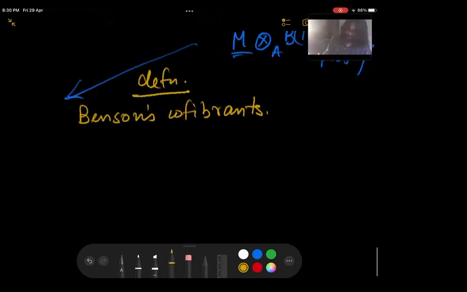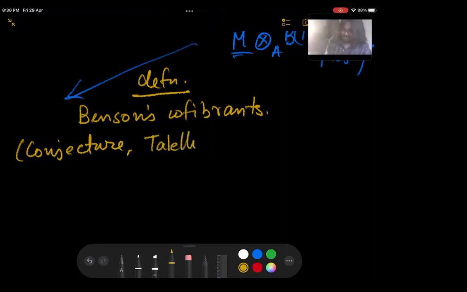And it is a conjecture still open. This conjecture is due to Olympia Talelli and one of her students, Dembegiotis, I don't know what the correct pronunciation should be. It's a Greek name, of course, 2010.